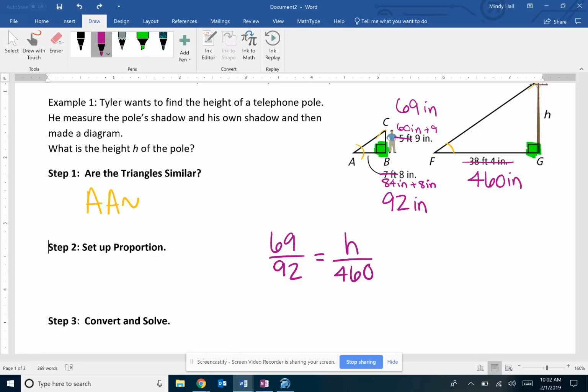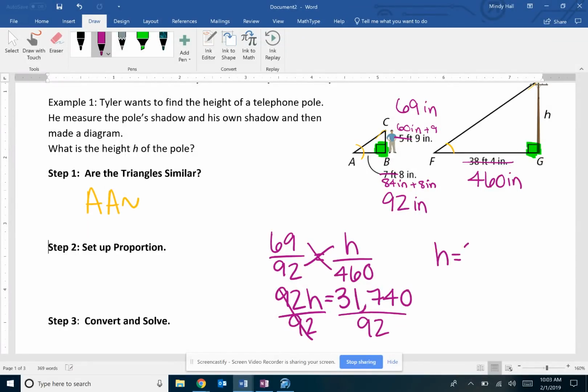Once you set up your proportion, you cross multiply, which gives you 92h equals 31,740. Then when you divide by 92, you get that h equals 345 inches.